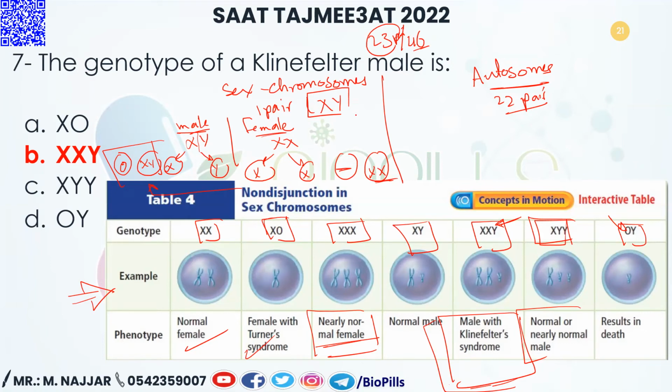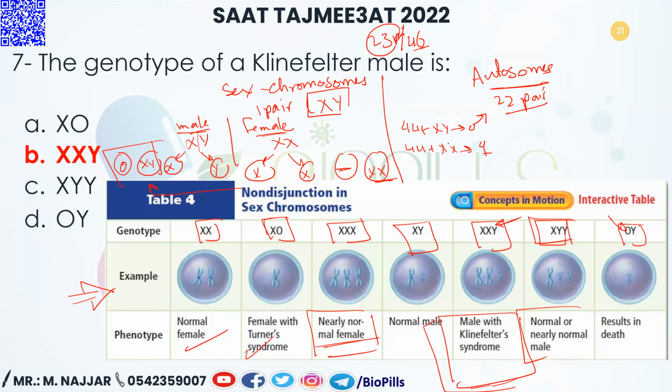And for autosomes, there may also be a problem, such as the addition or deletion of one of the chromosomes, which is a chromosome mutation. For example, Down syndrome, which didn't come in this exam, but came before. The normal composition is 44 plus XY in a normal male, or 44 plus XX in a normal female.